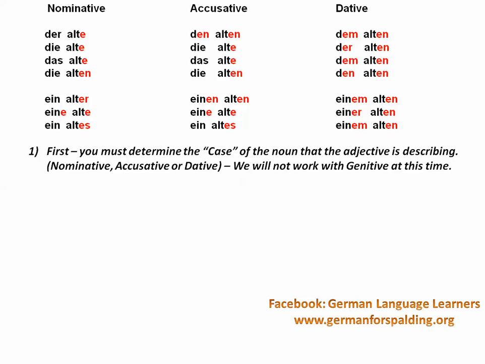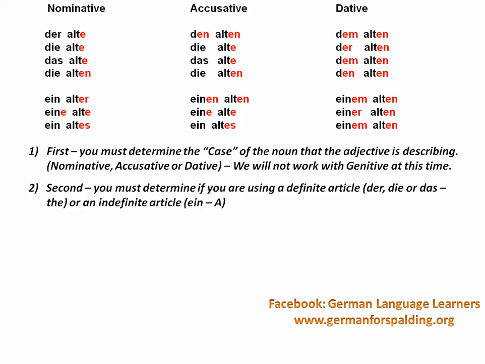So first of all, you have to determine the case of the noun that the adjective is describing. So is that noun that you're describing nominative, accusative, or dative case? This will give you the part of the chart or the row of the chart on which you must focus. The second question you want to ask is determine if you are using a definite article, such as der, die, das, den, dem, or are you using an indefinite article?